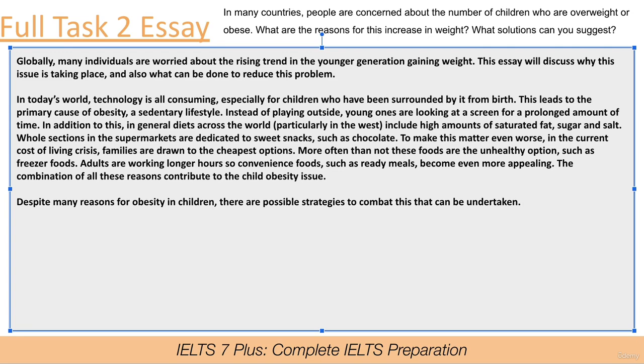Okay, what's the main way? Well, children spend a lot of their time at school, so the education system can take a bigger role in this.